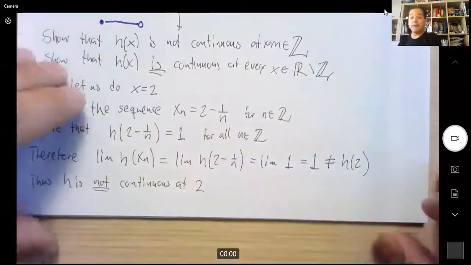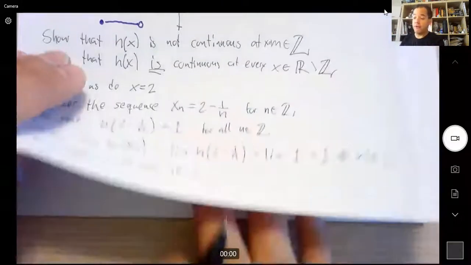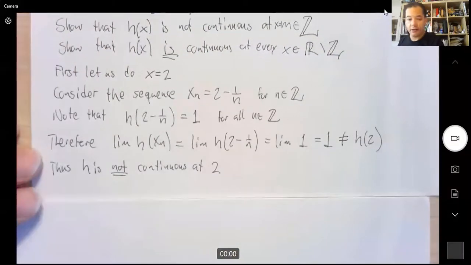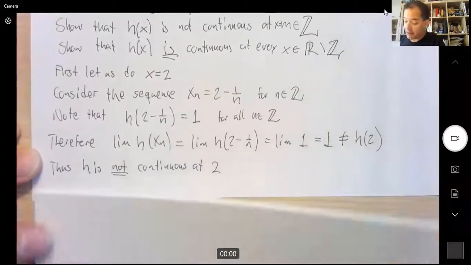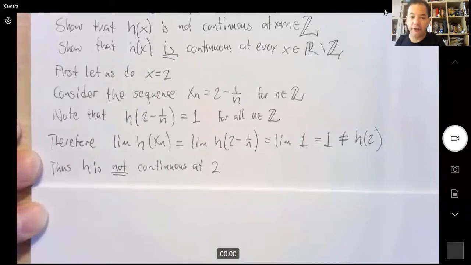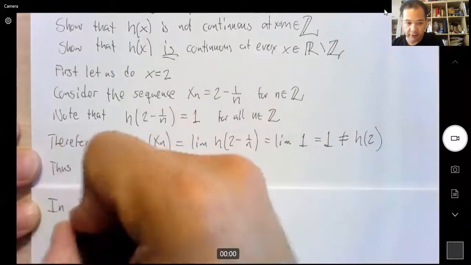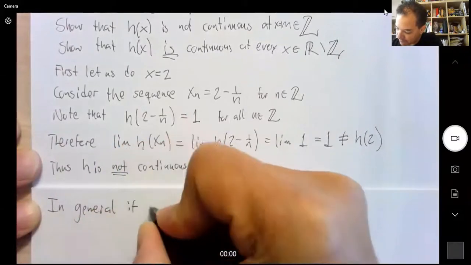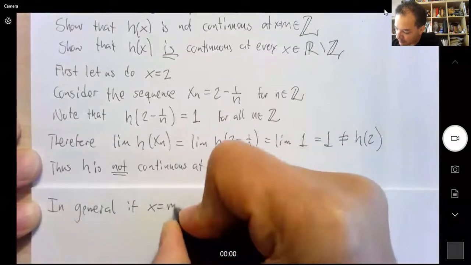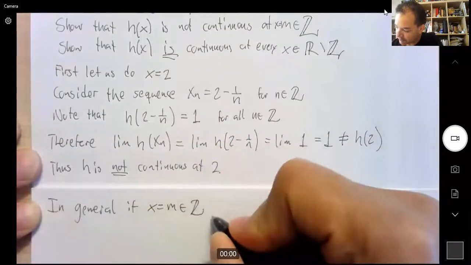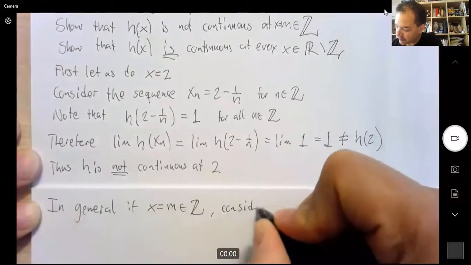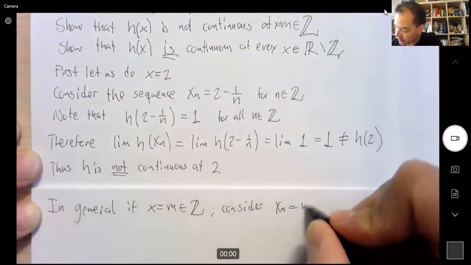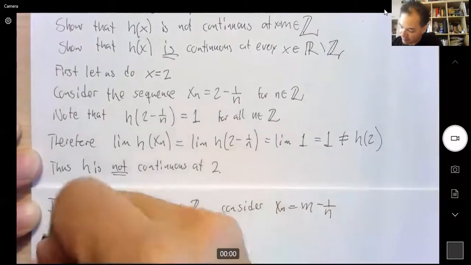Okay. Now the same proof works if you pick anything other than 2, right? I mean, the number 2 had nothing to do with this proof. So we can do it in general. So in general, if x equals m belongs to the integers, consider xn to be m minus 1 over n.